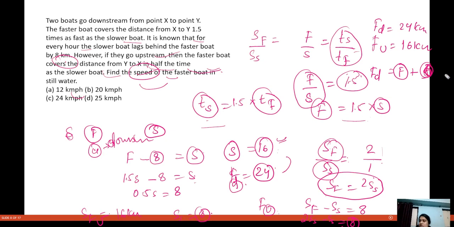Let us call the stream X. Upstream it is the speed of the boat minus the speed of the stream. So we have 24 is equal to F plus X and 16 is equal to F minus X. Adding these, you get 40. So you get 2F is equal to 40... so F is equal to 20.